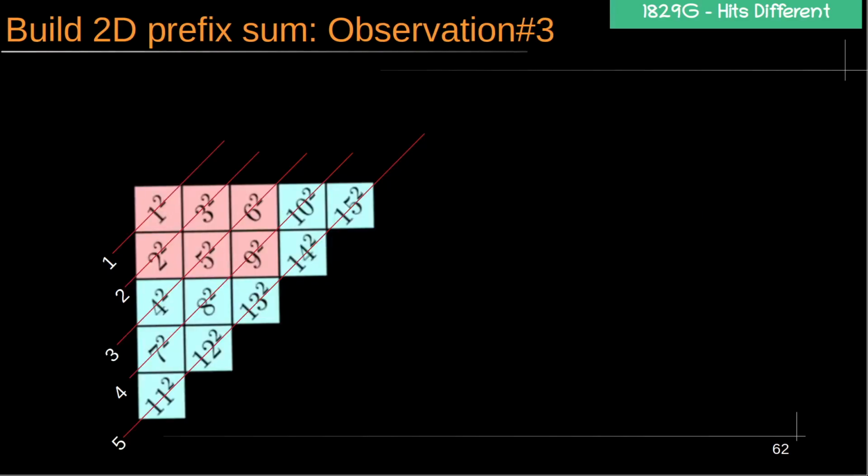So we can compute this. For the first row, 1 is on diagonal number 1, so we have 1 times 2 over 2 minus 0.